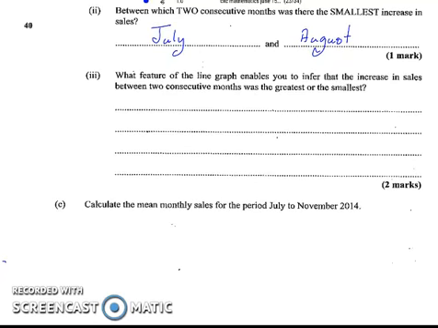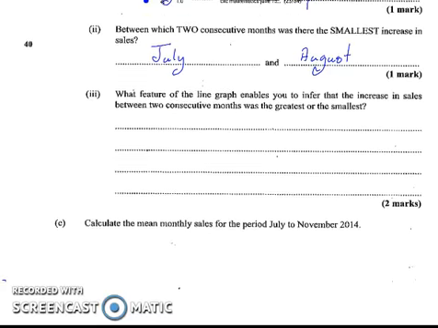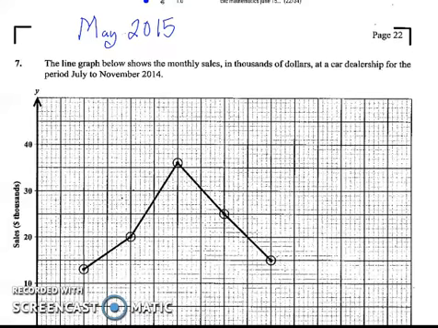All right. So B triple I is asking, which feature of the line graph enables you to infer that the increase in sales between 2 consecutive months was the greatest or the smallest? We could have a quick look back at it. Here we have an increase, and here the increase is greater.